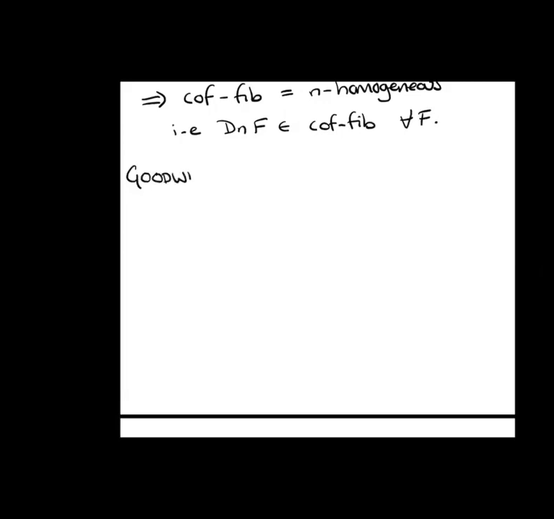So in Goodwillie calculus, you get a similar picture. The theorem I want to tell you about is due to a bunch of different people at a bunch of different times in a bunch of different ways. The basis is due to Goodwillie, unsurprisingly.